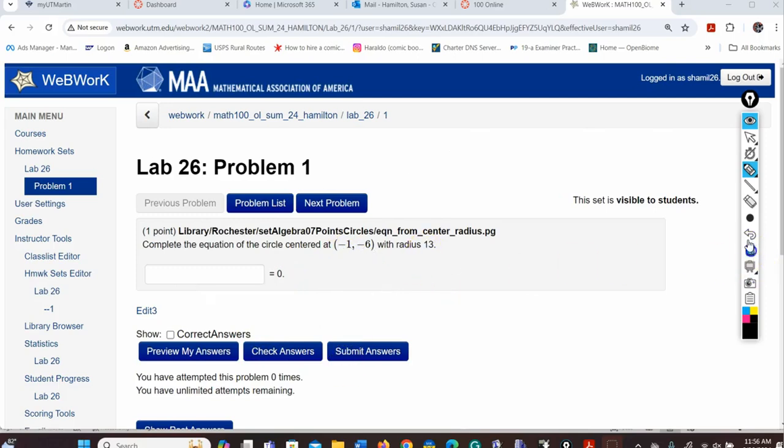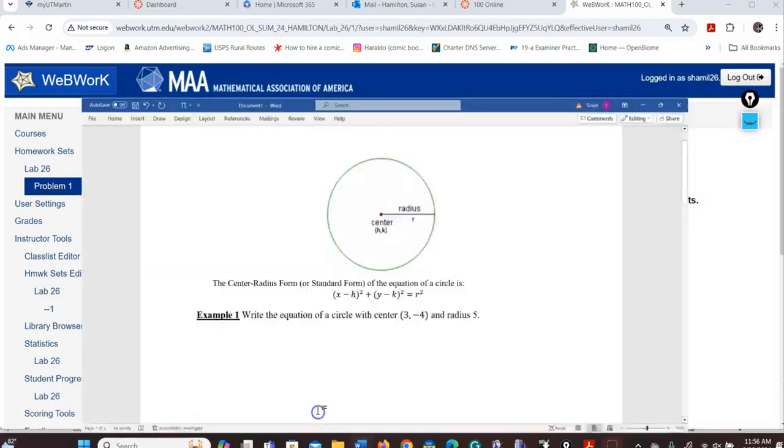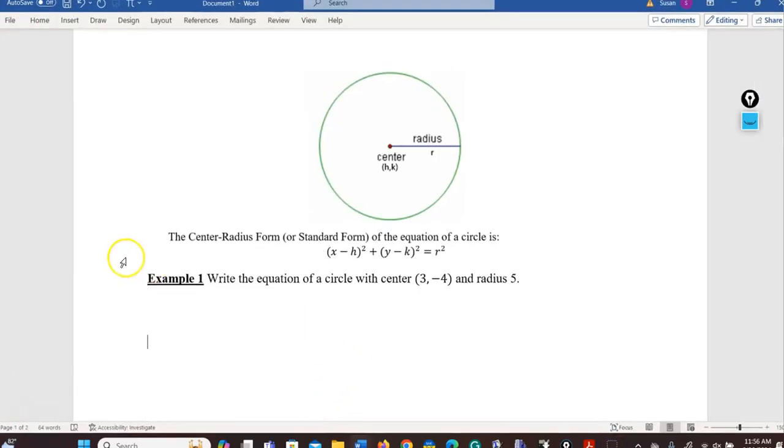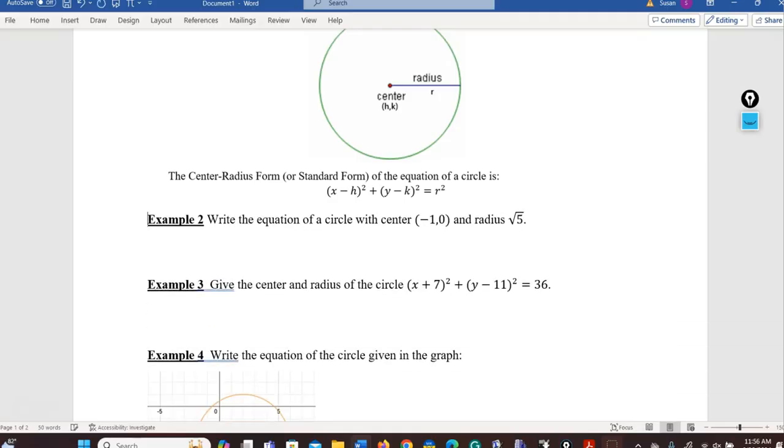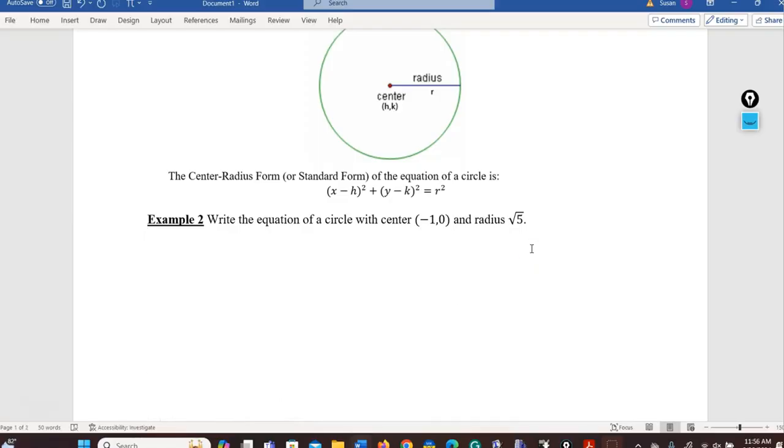All right, so now let's go back. So we've answered question 1. And let's look at question 2. For this question 2, my h is -1, my k is 0, and the r is square root of 5.